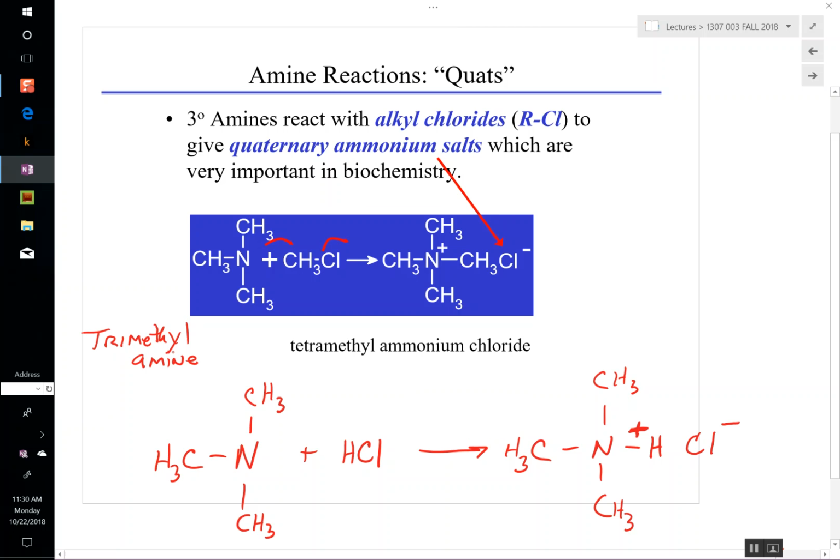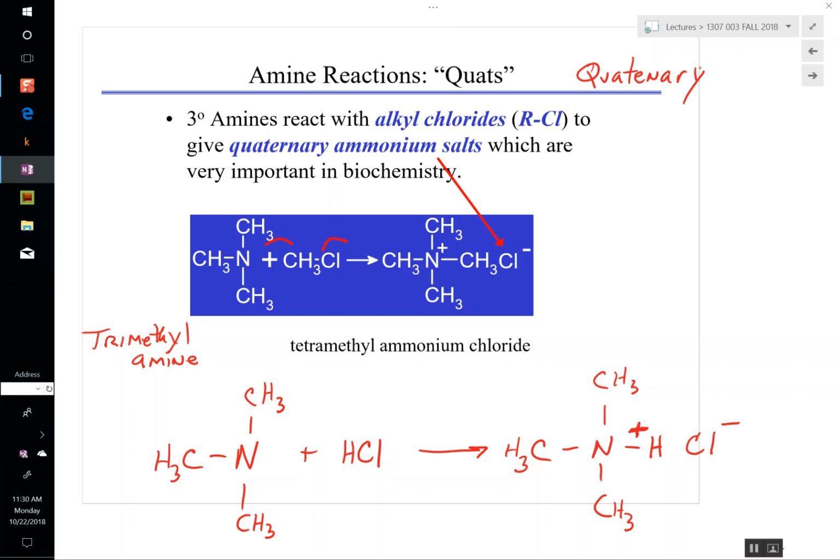Trimethylamine plus methyl chloride forms tetramethylammonium chloride, a quat salt. The word quat is coming from quaternary, or 4. Quaternary. This isn't a quartet, it's a quaternary salt.